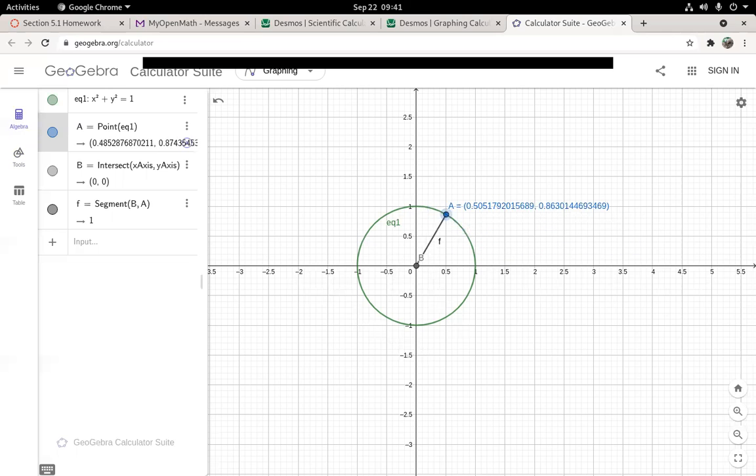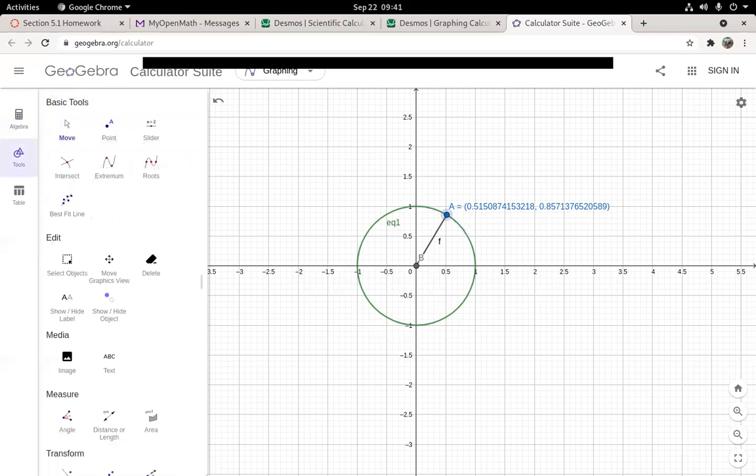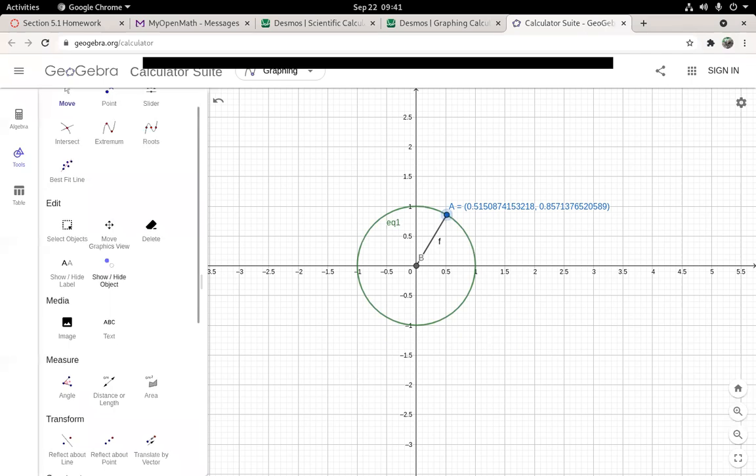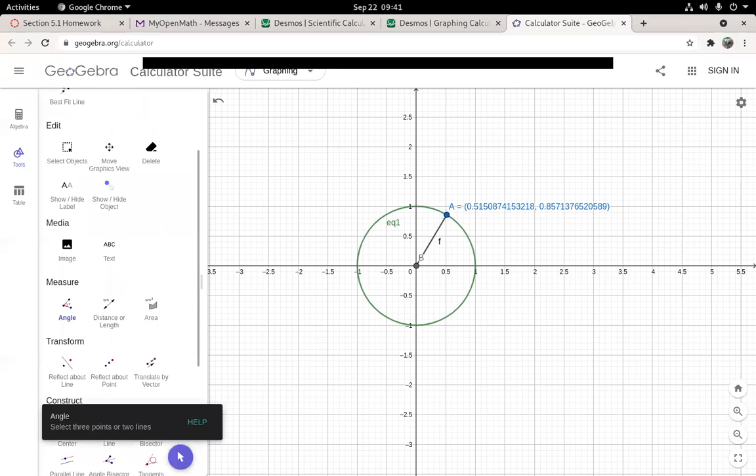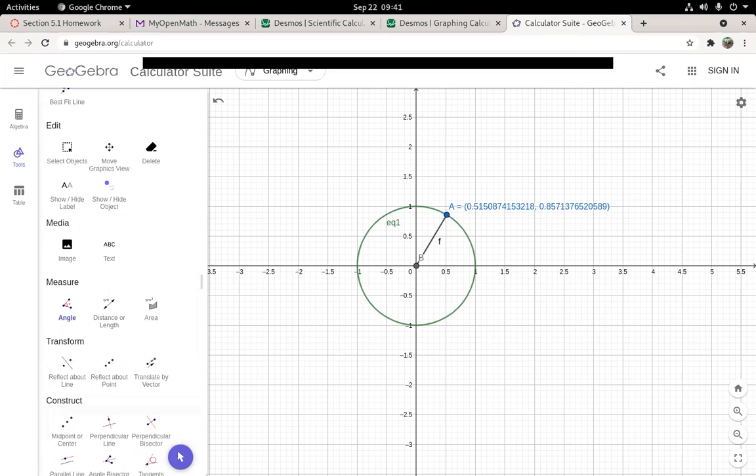Now, as I move the point and the radius, the reference angle here is also changing. So I'm going to draw that in here too, and once I do that, I'll share this out with you guys. So let's see, I want to measure an angle. It says select 3 points or 2 lines. So again, you get instructions when you click on something. I want to measure the angle from this line here to that line there, and so it draws it in.